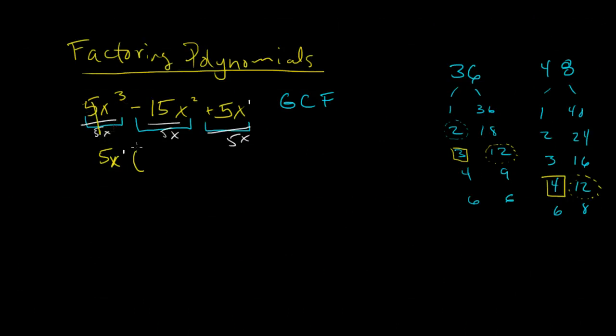X to the third over x to the first is just x squared. Alright, well, negative 15 divided by 5 is a negative 3. X squared divided by x is just x.